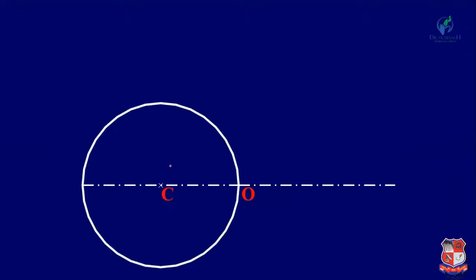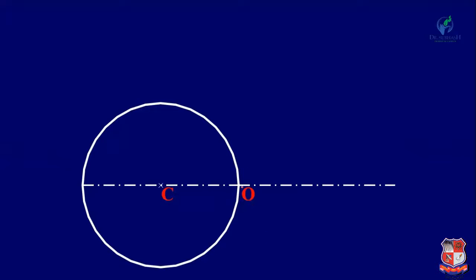Now let us understand. Here this O is the center, and another point C will be here. This is the rolling circle, and the diameter of the directing circle is double that of this rolling circle.